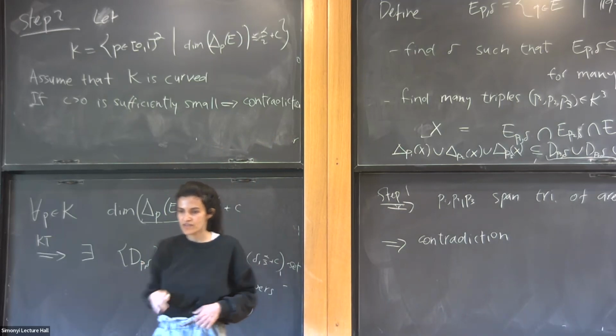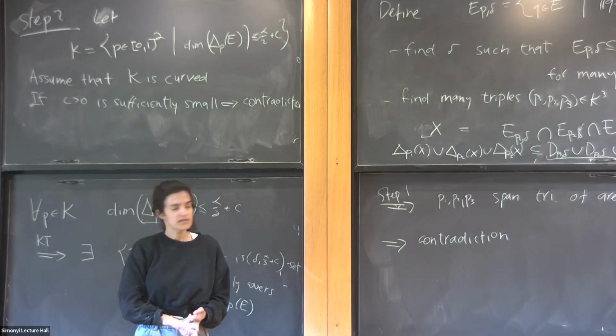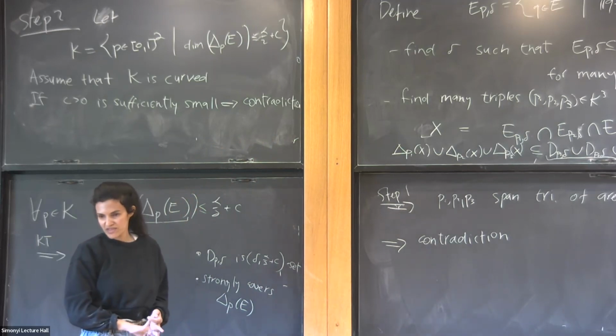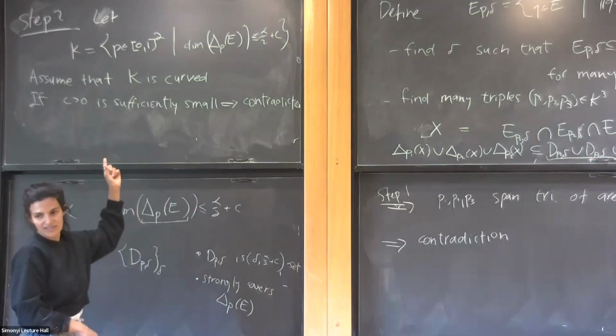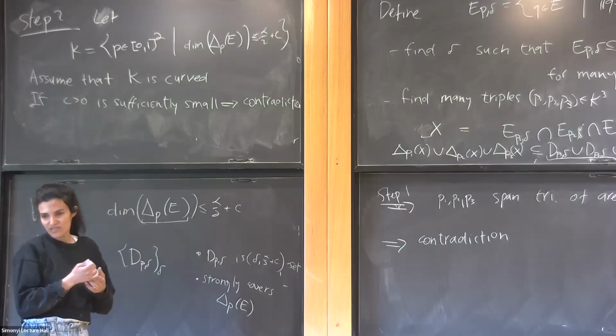Yes, in this sense, you can say that there are many points. Regarding the question: many, so many that it contradicts the fact that K is curved. Yes, but how do we... yeah.